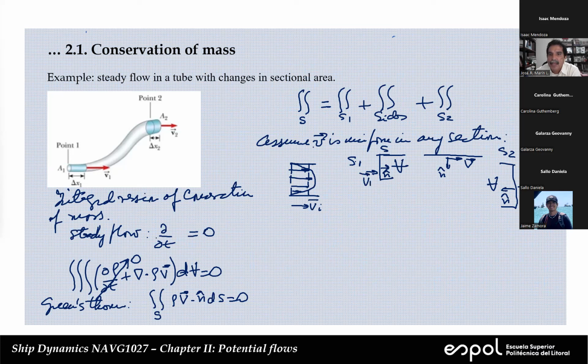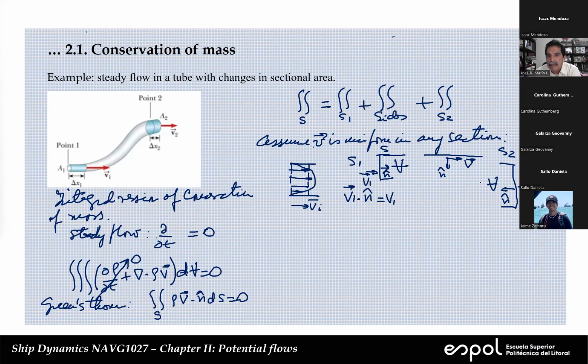In this case, this product V dot N, so here V1 dot N, see, both have the same sign. So it's going to be simply V1.